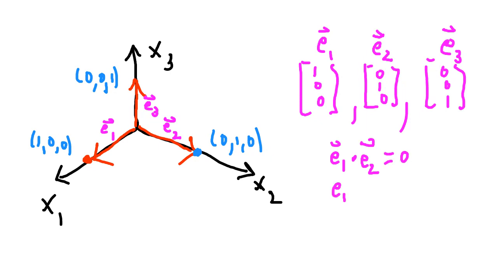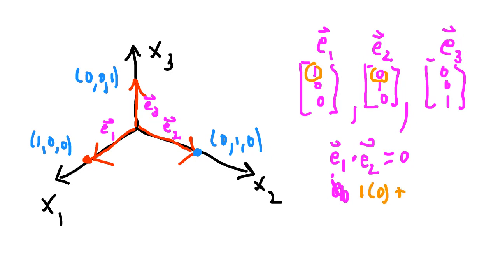So how do you get the dot product? Remember what you do. You take the first components and multiply them together.